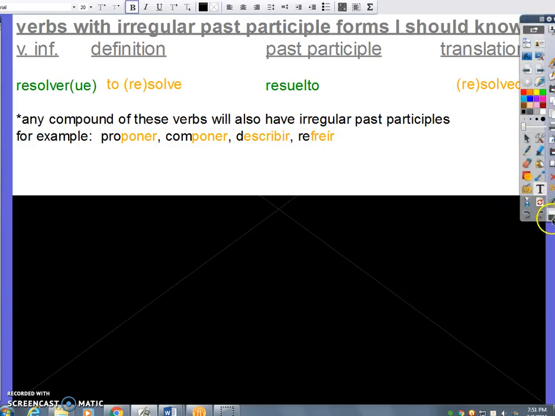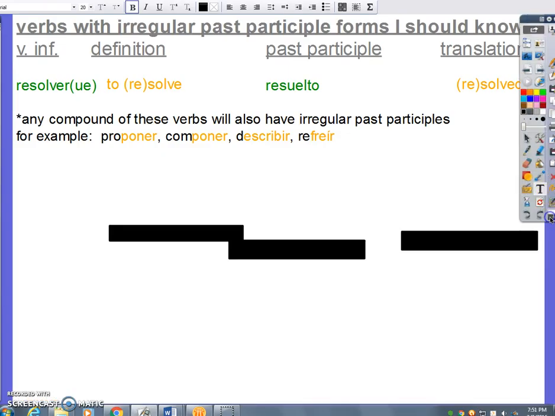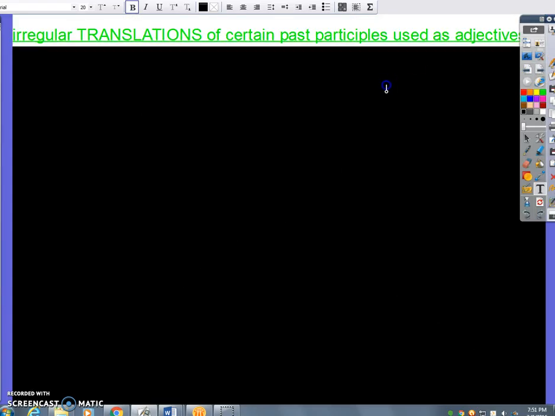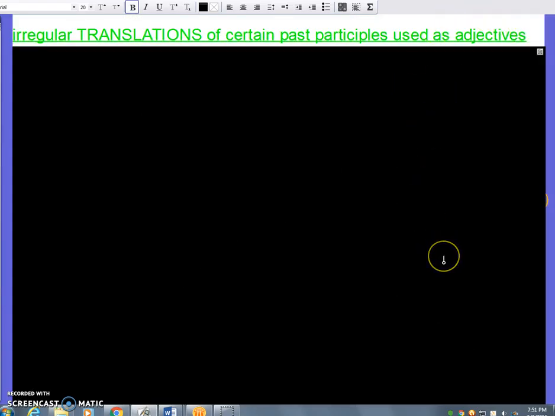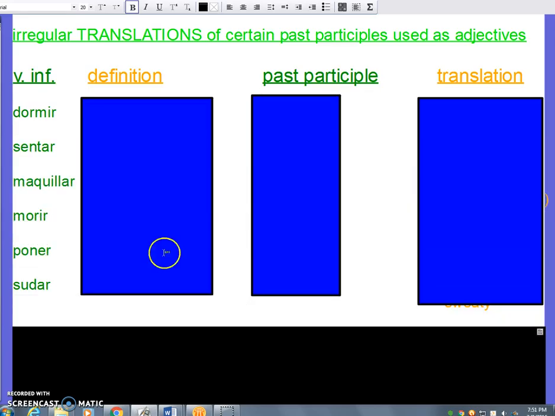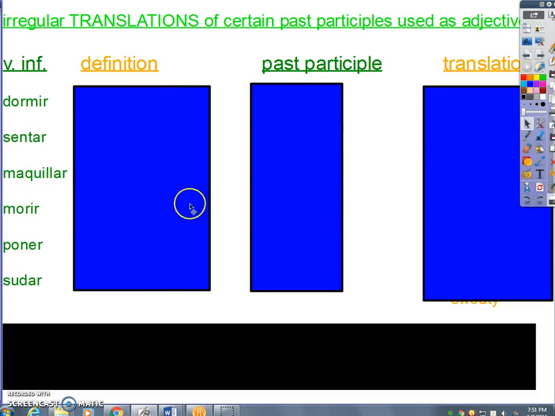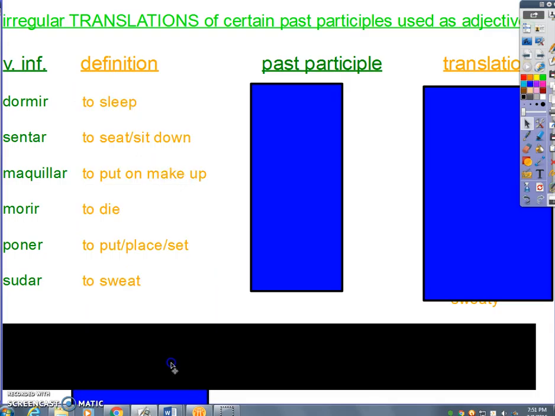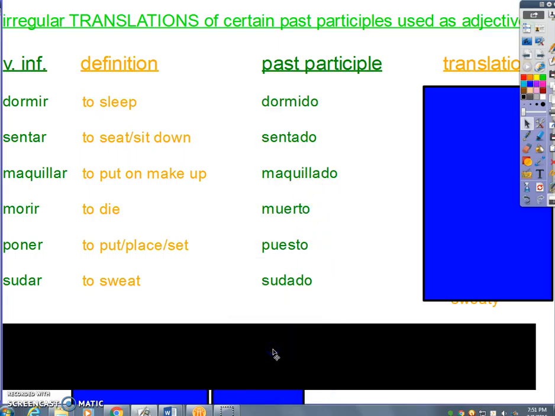What else do we need to know about these, or should we already know about them? We should know that some of these have irregular translations if they're being used as adjectives. For example, these here might be a little different than what you would think. If their definitions are these, and their past participles are these, what would they be? Well, you would think that dormido would mean slept, and this would be seated, and this would be dead or died and things like that.